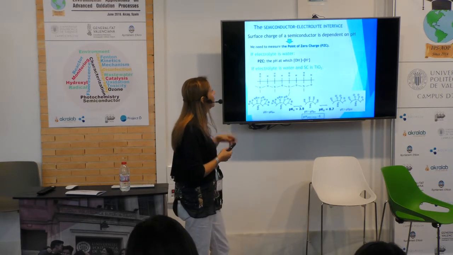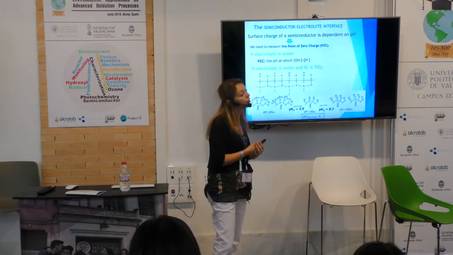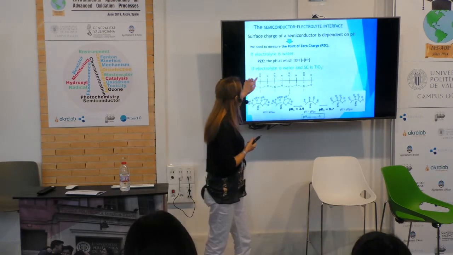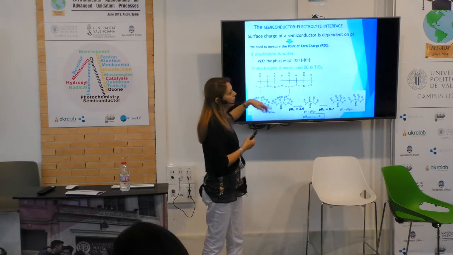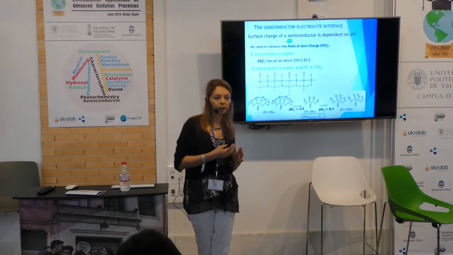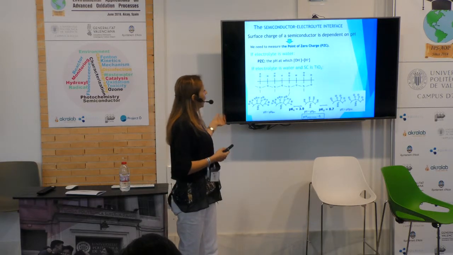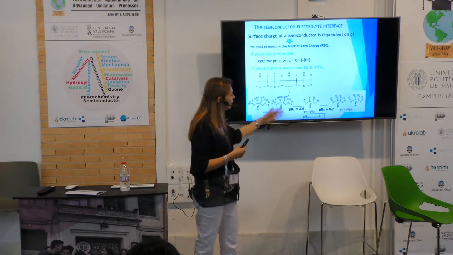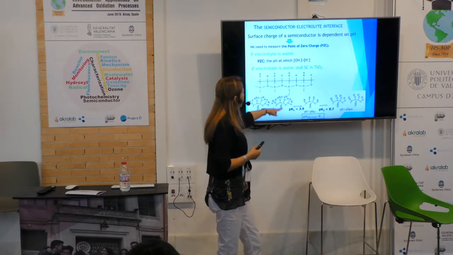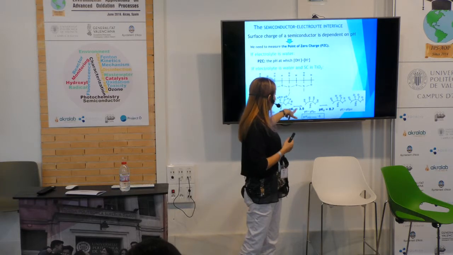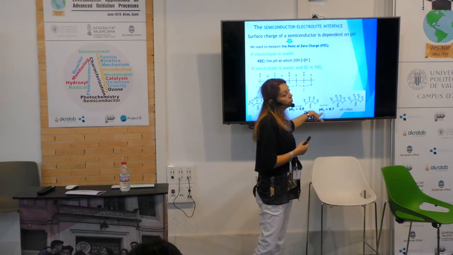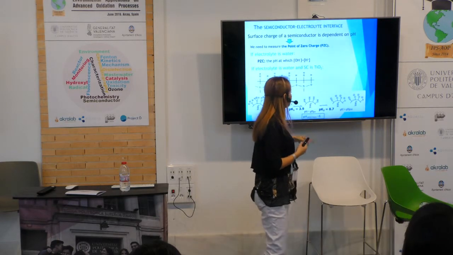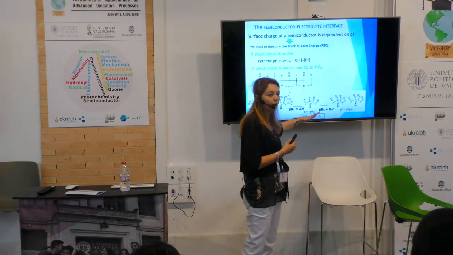If we have the case of water and the semiconductor is titanium dioxide, the surface presents something like this. We have hydroxy groups; it's a hydroxylated and hydrated surface. If we consider how the surface changes as a function of pH, in this case we have pK1 of 3.9 and pK2 of 8.7, and so the point of zero charge for titanium dioxide is around 6.